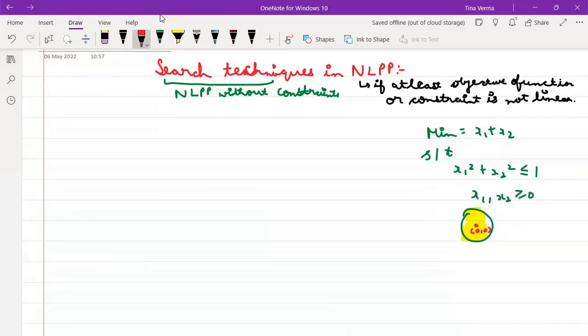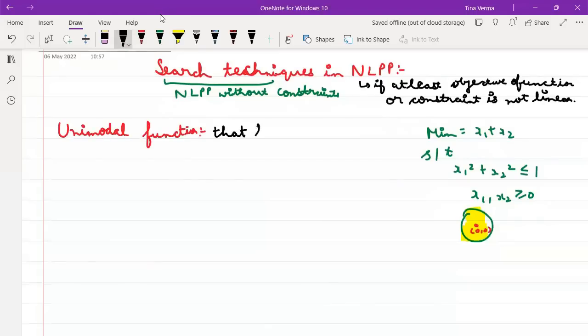For that, you should know one definition, unimodal function. Unimodal function is one that has one peak in the given interval AB.